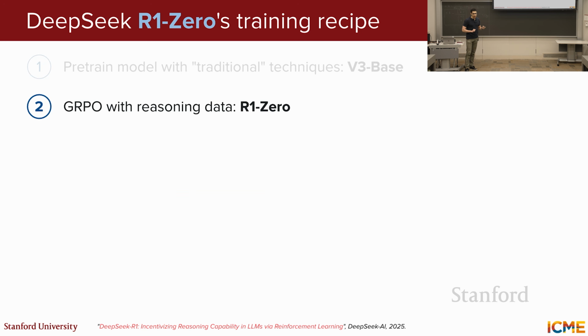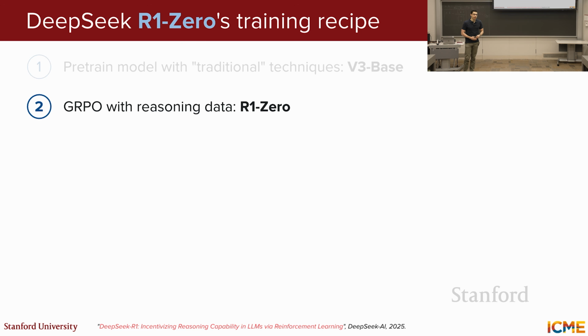And then this is where the fun starts. Instead of going ahead with an alignment strategy that consists of SFT, they just start with this pre-trained model, trained only on next token prediction, that hasn't seen any supervision so far. And they apply the technique that Afshine just mentioned on reasoning data.